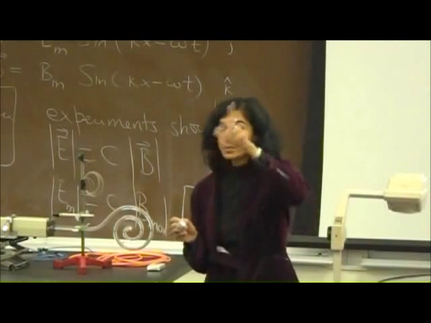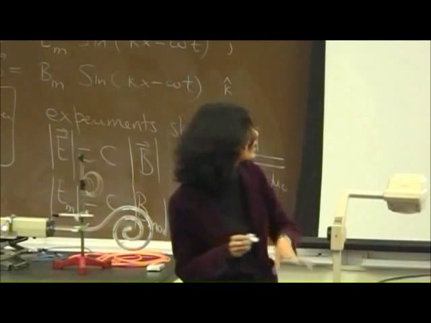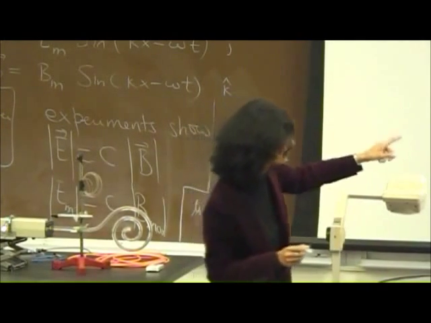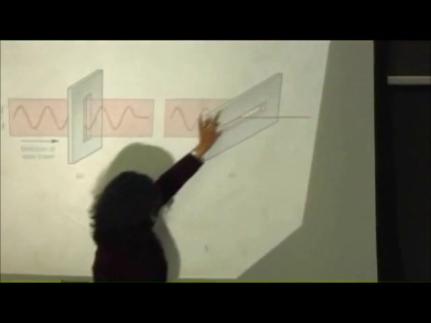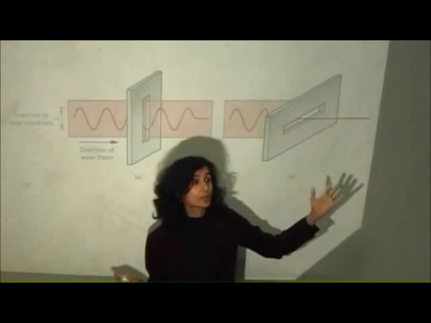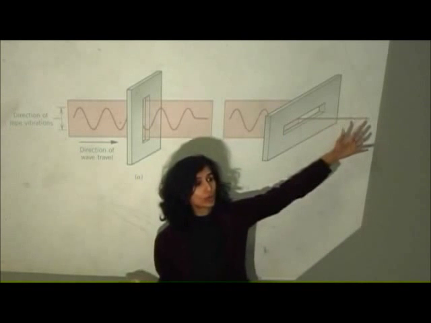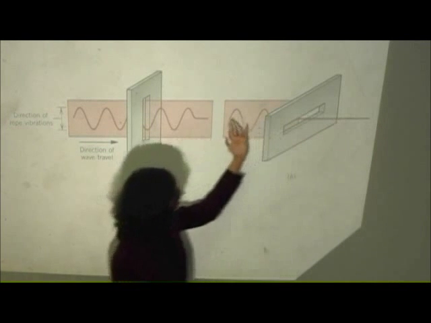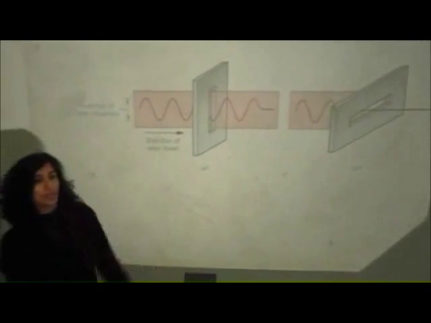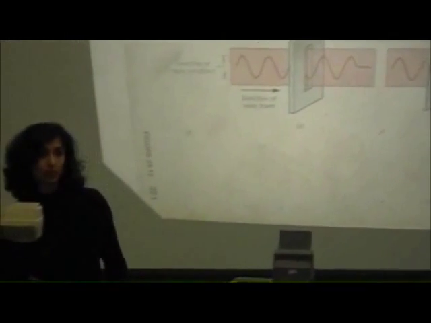The particles of the medium are vibrating in a preferred direction. So if you want, you can block a wave by doing something to it. For example, in this case, you put an obstruction that is perpendicular to the direction in which the particles of the medium were vibrating, and the wave is unable to go through. No wave comes out on my side when he's jiggling it. In this case, he was jiggling it in the same direction in which the particles of the medium were vibrating. The wave is able to go through.